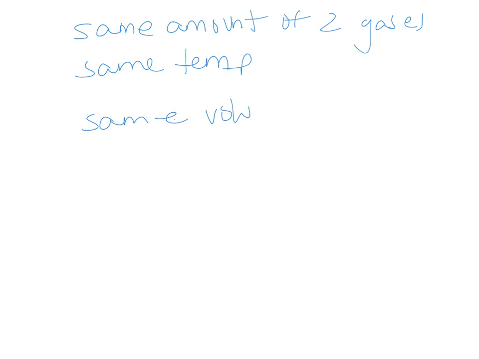This is called Avogadro's law, or Avogadro's hypothesis. We can write it mathematically as initial volume over number of moles equals the second volume over number of moles.